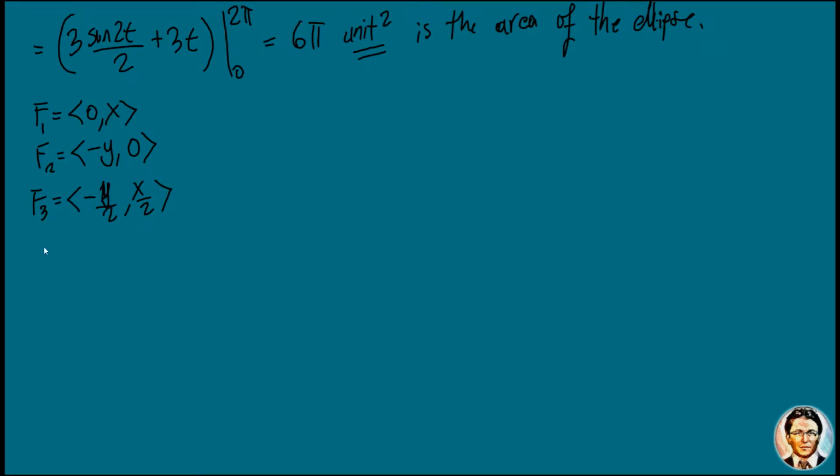If it satisfies Qx minus Py equal to 1, then it will give us the same result. So let me calculate for the third one. For the third one, Qx minus Py is equal to 1 over 2 minus negative 1 over 2, so it will be 1.